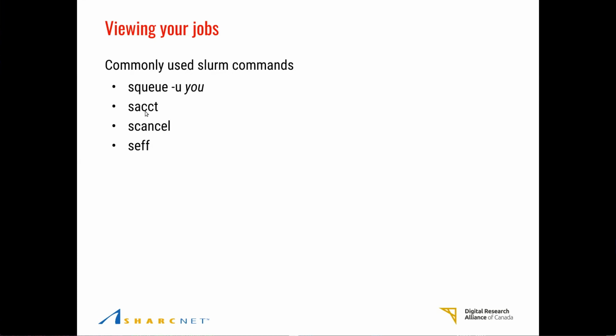And another command, sacct, to see the job history. scancel if you want to cancel a job. And this command seff, this is a last-used command. It can tell you something about the memory and the utilization of your job.